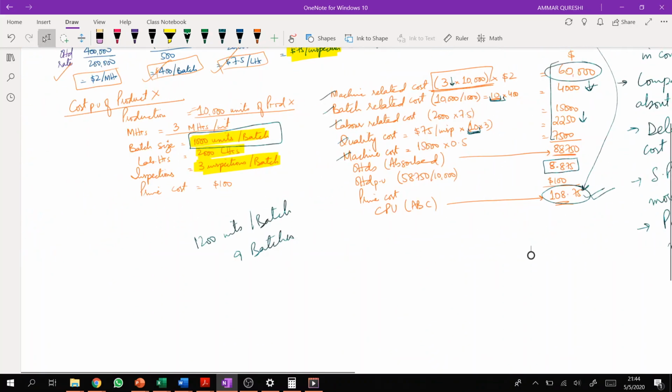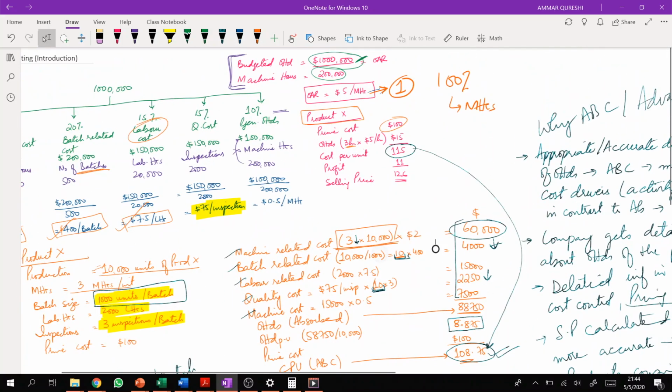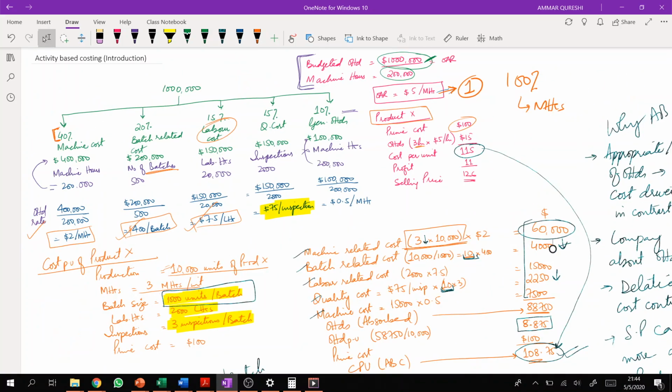Now there is one more question, but before proceeding, let me try to identify one thing here. See, what we did till now is, we first made the groups, right? We first split total overheads into multiple groups. These groups are called cost pools.